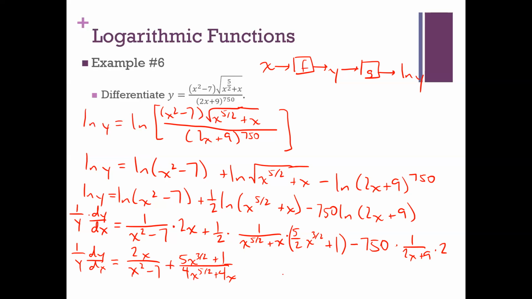And then this one comes out to be minus 1500 over 2x plus 9.